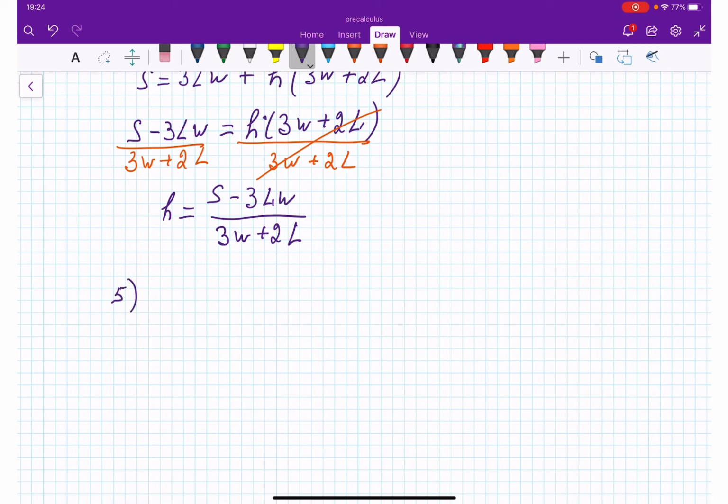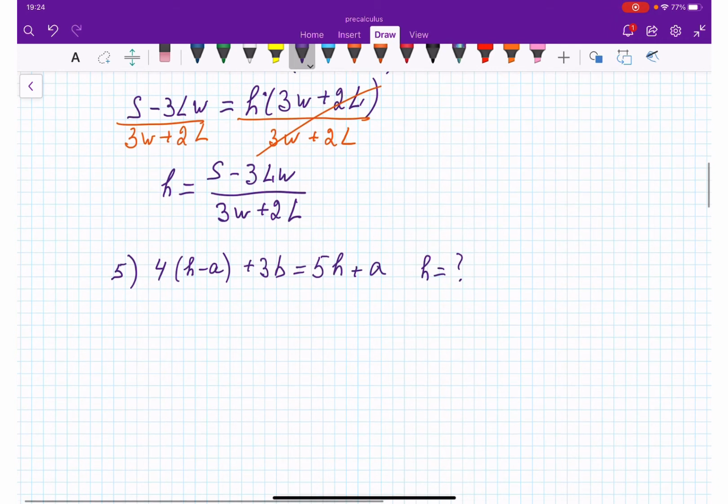Next one. We have 4 times H minus A plus 3B equals 5H plus A. We need to find H from here. Let's see how we're going to find it.